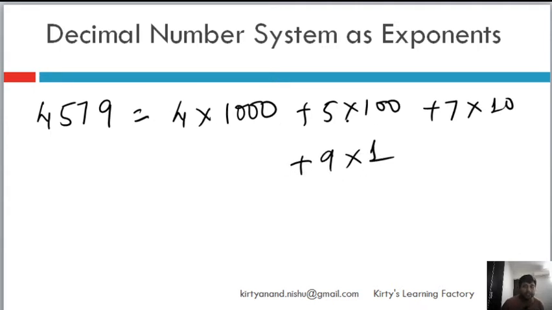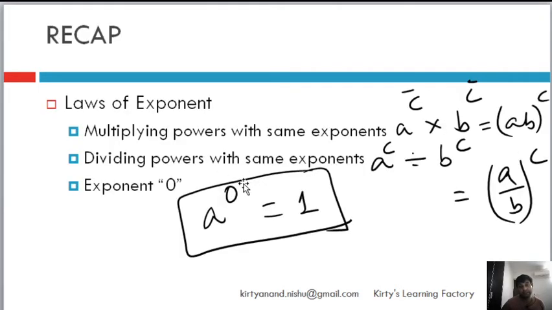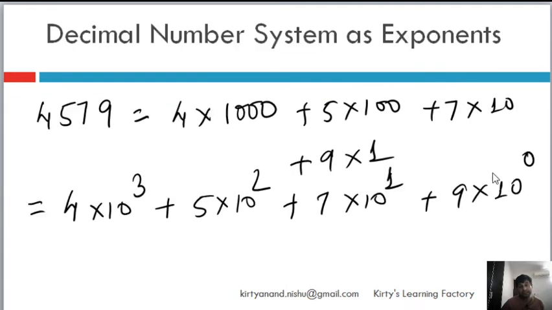Now if you look at it carefully, now that we know the concept of power and exponentials, can we say that this is 4 into 10 raised to the power 3 plus 5 into 10 raised to the power 2 plus 7 into 10 raised to the power 1 plus 9 into 10 raised to the power 0. We just learned that any number raised to the power 0 is 1. It is the units place, so this basically will be equal to 1. So this is the decimal representation, decimal number system expressed in exponential form.